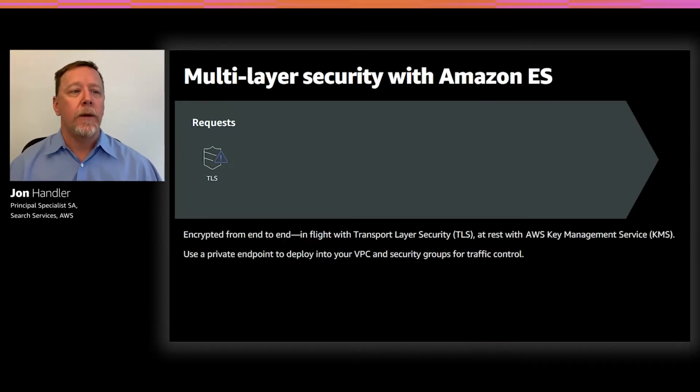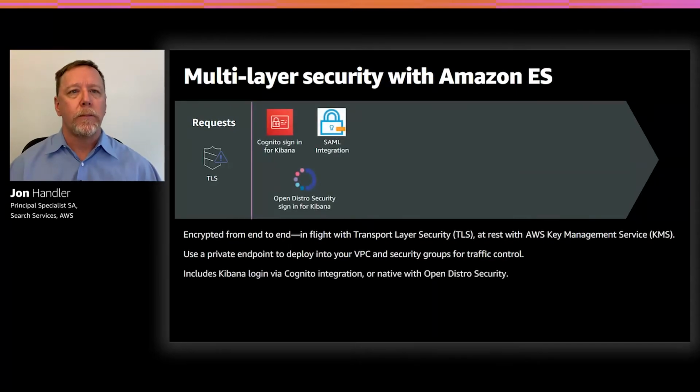At the top layer, you can enforce TLS, transit layer security, so that traffic is encrypted as it comes to your domain. We have a number of different login experiences if you're using Kibana. So we support integration with Cognito. Cognito will generate for you a login screen.